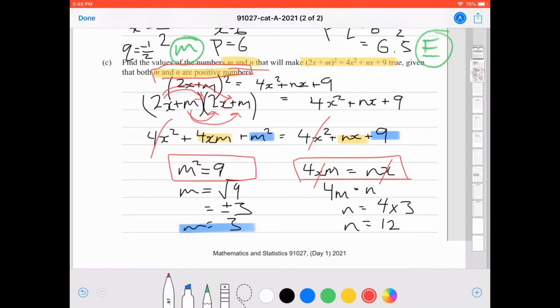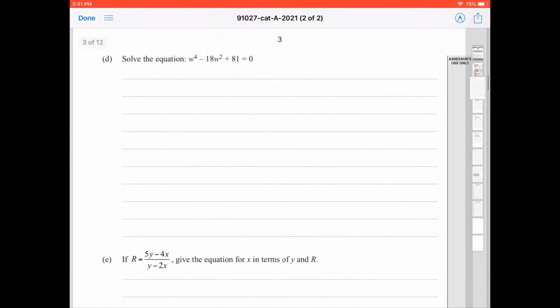Now that should get you m equals 3 and n equals 12, which gets you the merit grade here. Achieved correct expansion of 2x plus m all squared should get you the achieved, so up here would get you the achieved. Okay, moving on to question 1D.